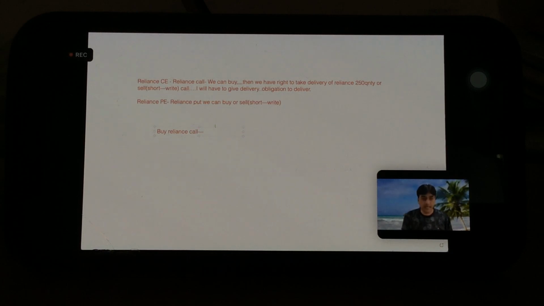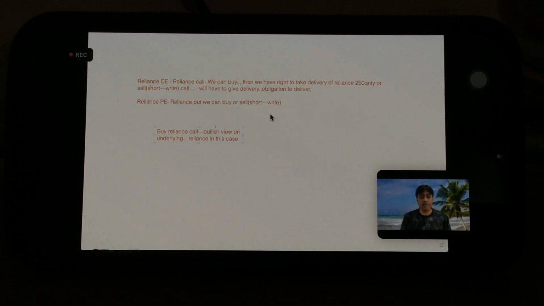right? That means when we will be making profit, call is for, to make it simple without complicating the thing, call is when we are bullish on any particular stock, then we can buy the stock. This is the simplest version of option, which we can say when we have bullish view on underlying, that is Reliance in this case, right?